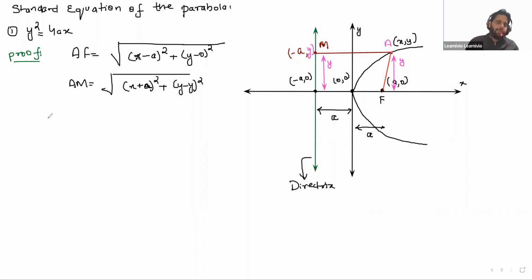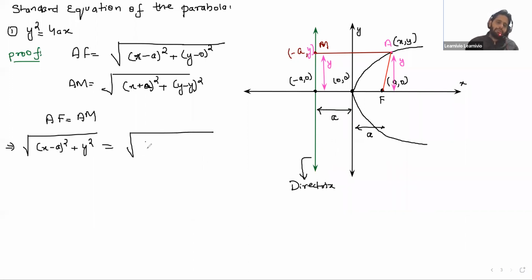So as per the definition of the parabola, AF is equal to AM. That means under root of x minus a whole square plus y square is equal to under root of x plus a whole square plus 0. Squaring both sides and opening the brackets, you will get x squared plus a square minus 2ax plus y square is equal to x squared plus a square plus 2ax. The x square and a square cancel.